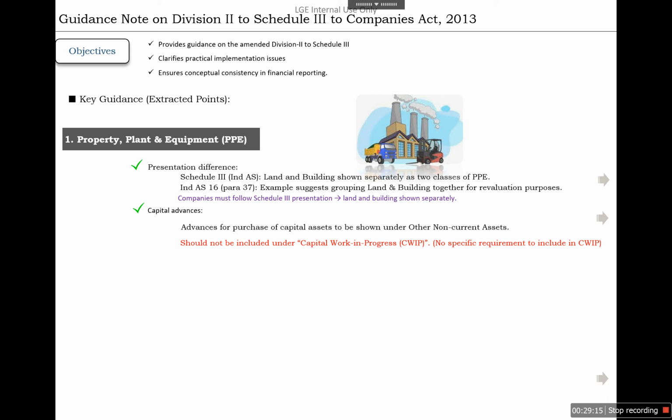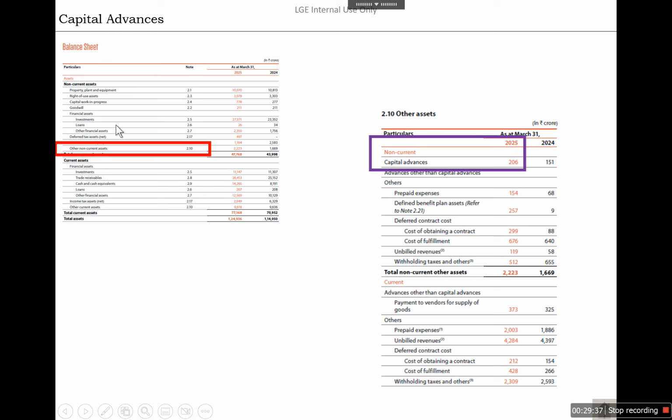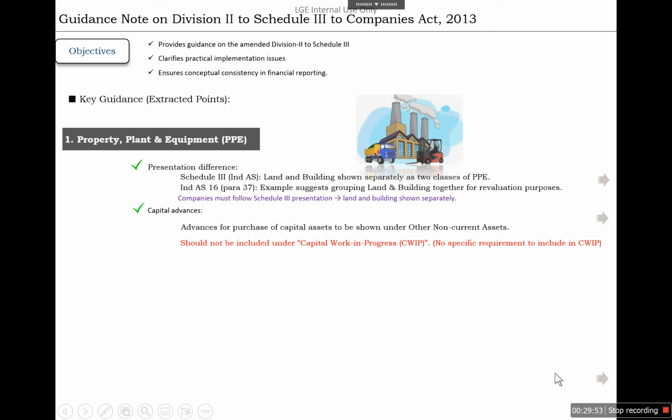So here in this guidance note, clarification is given that in India we need to show it under capital advances, not in capital work in progress. If we see this balance sheet, it is shown as other non-current asset and capital advances are part of it. So it is just a clarification, because in some countries capital advances are shown as a part of CWIP.